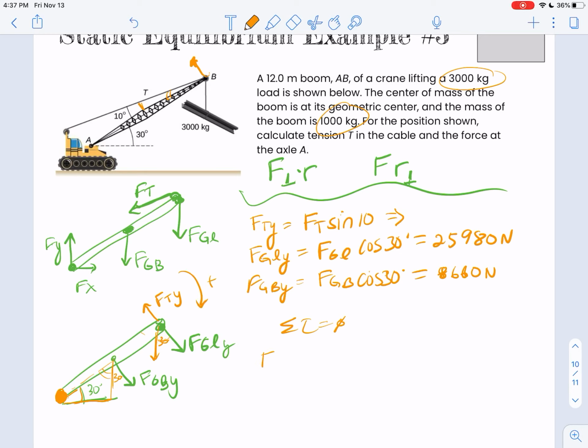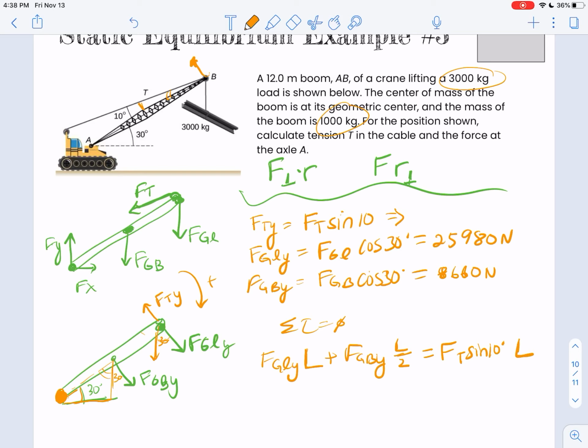Okay, so my FG load Y times the length of the boom, plus FG boom Y times half the length of the boom, right? Because that's halfway up. Equals, the only thing trying to hold it the other way is that tension. So that's FT sine 10, times the length of the boom.